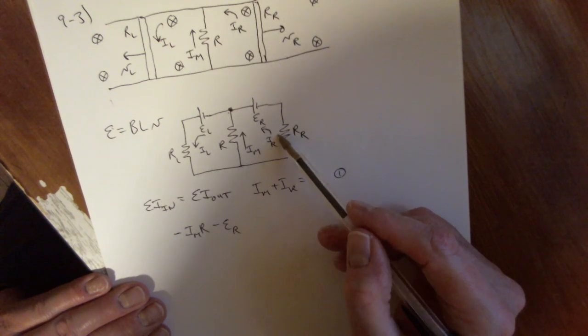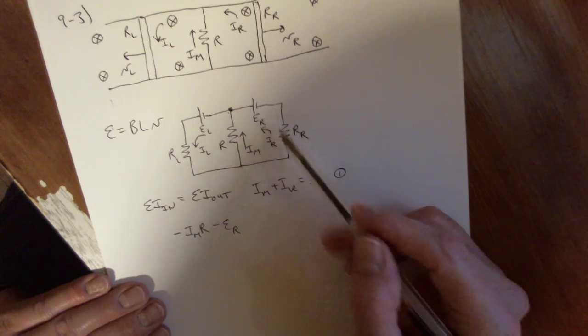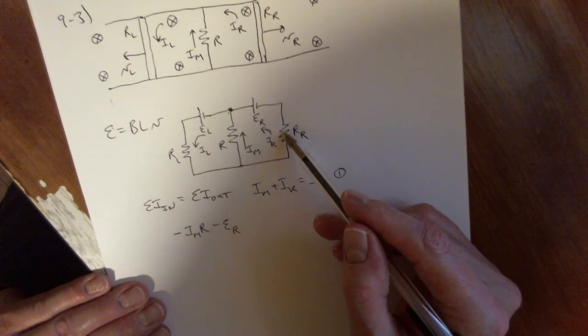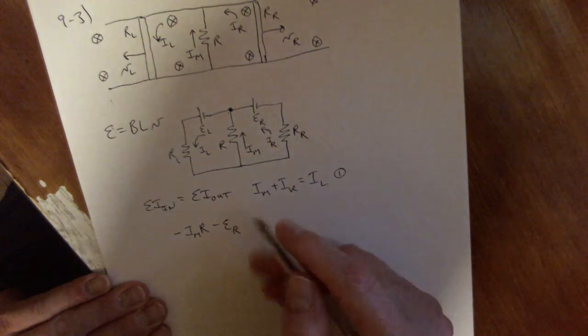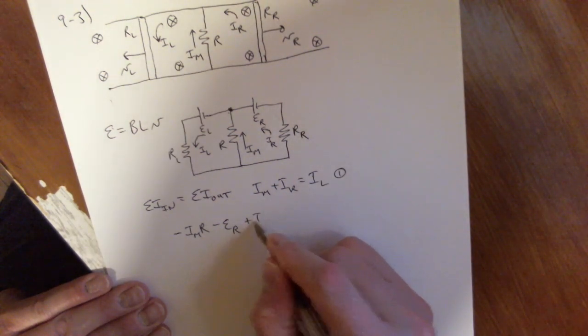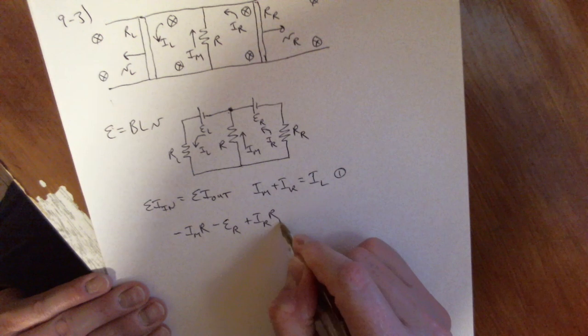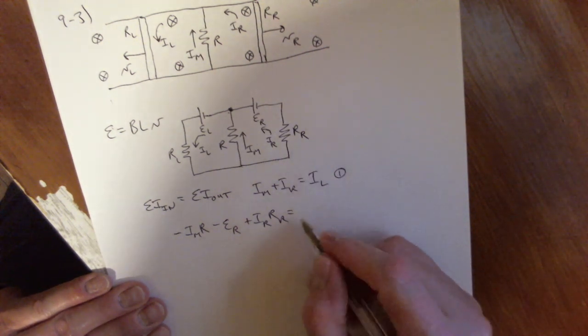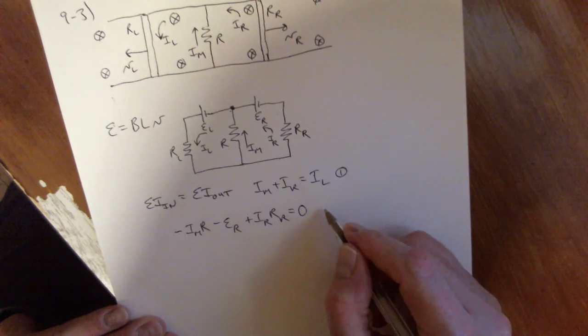The current I right is going counterclockwise, so it's going up through R right. I'm going against it, so that'll be plus I right R right. And I come back to where I started, so the total of all of that has to be 0.